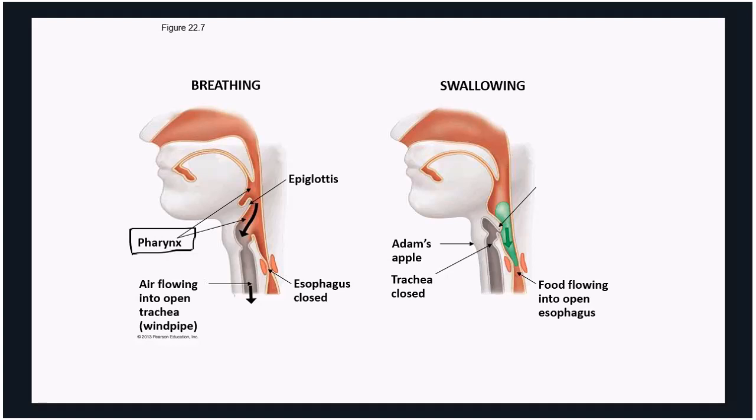Well, sometimes those things do happen, and it causes you to cough and cough and cough, or it can even block your airway completely and you can choke. But ideally that never happens, and that's thanks to this guy called the epiglottis. The epiglottis is this little kind of flap of skin that's located in and around the pharynx, this crossroads.